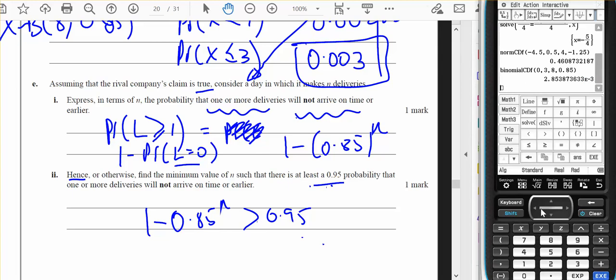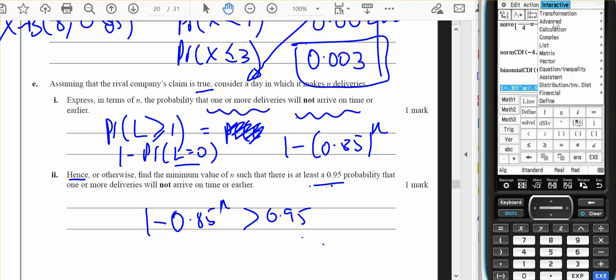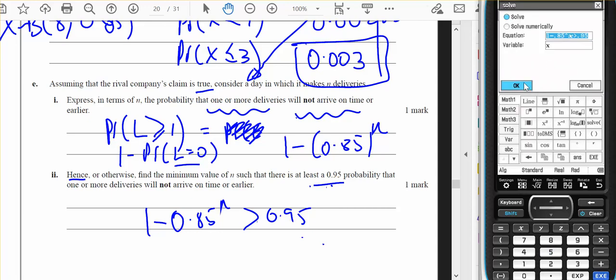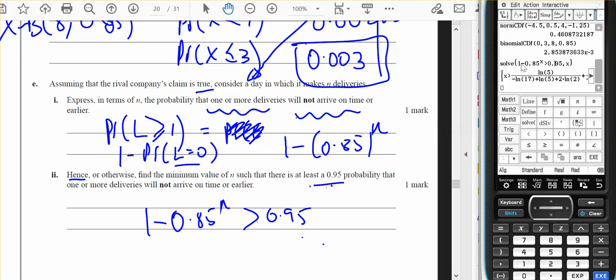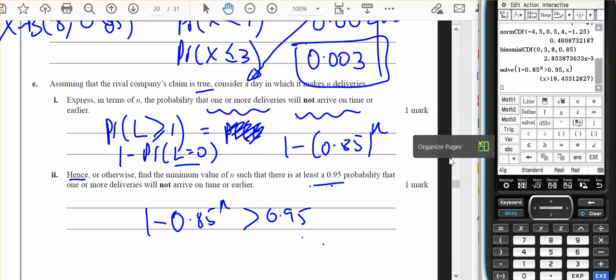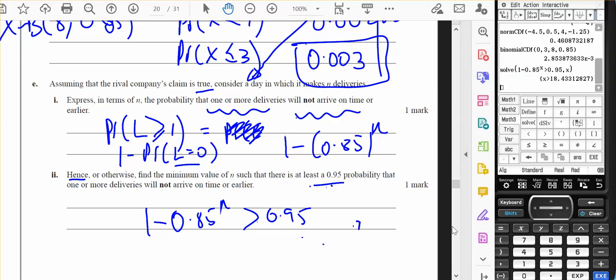So if I make them equal to each other, 1 minus 0.85 to the power of n is bigger than 0.95, and I solve for n. N is bigger than 18.433, n equals 19.